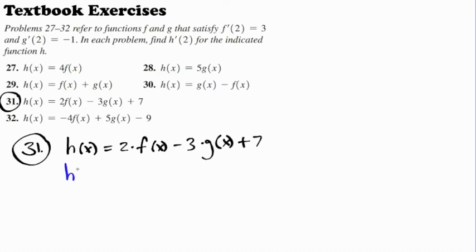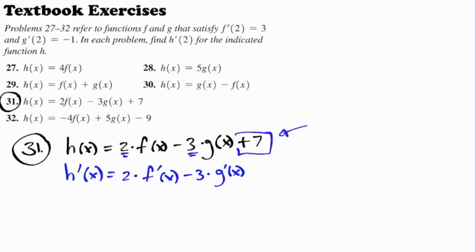So if we are going to evaluate h prime of x, we're going to use the multiplier rule and say that this is the same as 2 times f prime of x minus, again we have a multiplier, 3 times g prime of x, and the derivative of a constant is 0. So I don't need to represent that term at all.